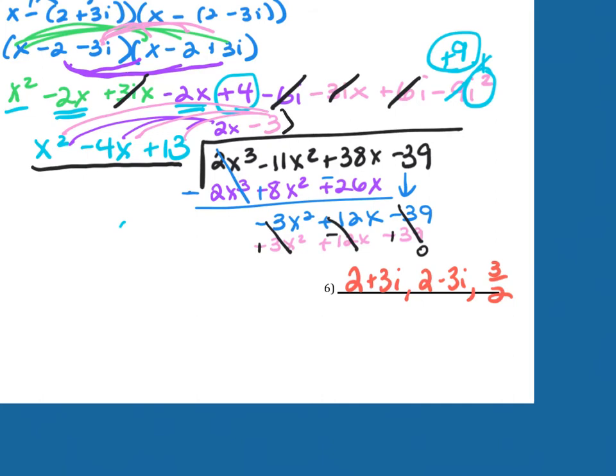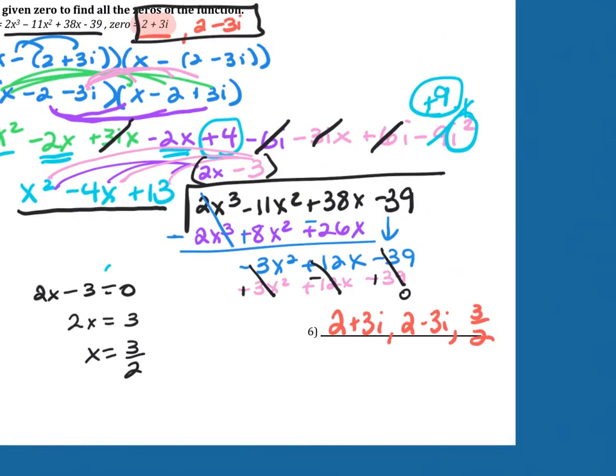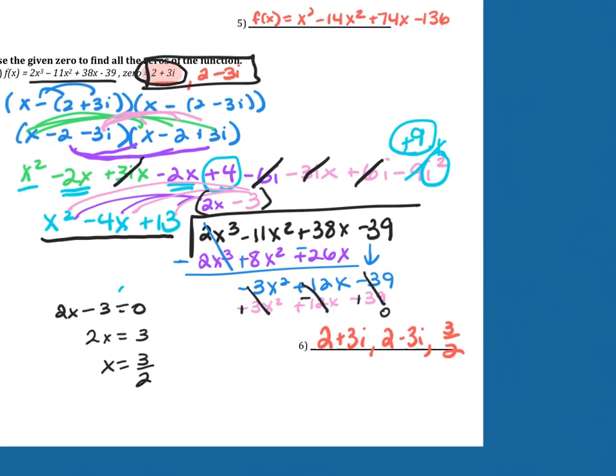So then this is my last factor, and written as a 0, it would be 3 over 2. So I have the first one I was given, the second one I added on because it's a complex conjugate, and then the third one I got from dividing.